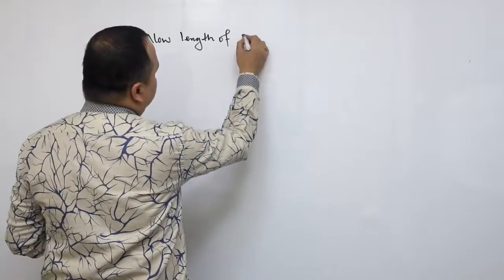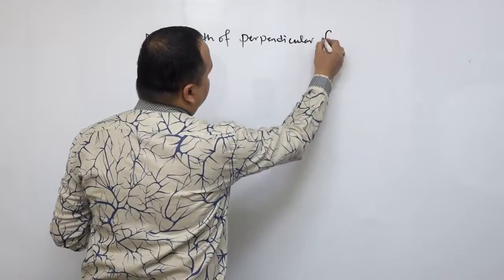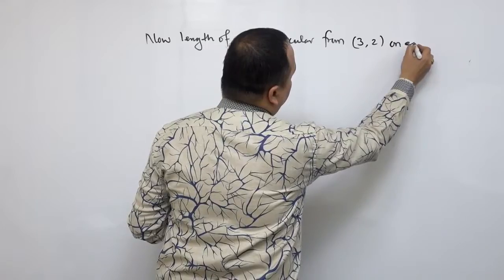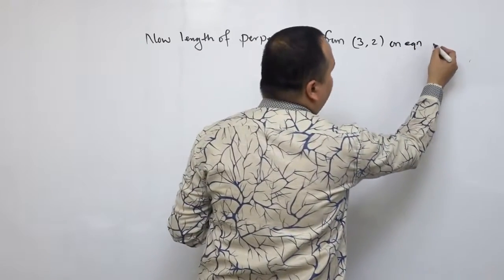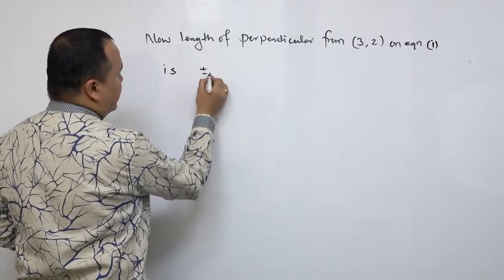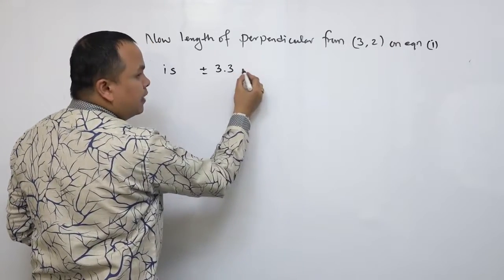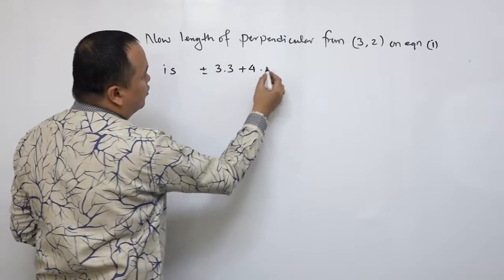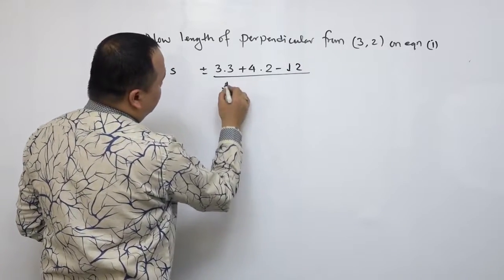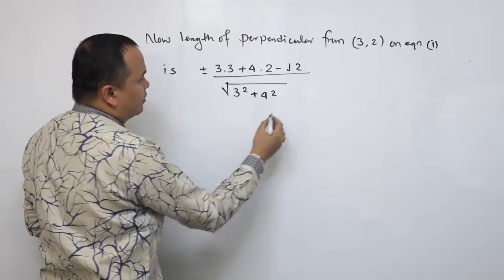Now the length of perpendicular from (3, 2) on equation I is plus minus 3 into 3 plus 4 into 2 minus 12 divided by root over 3 square plus 4 square.